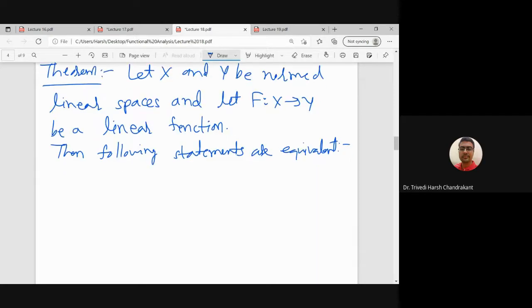The first statement is that f is bounded on some closed ball around 0.